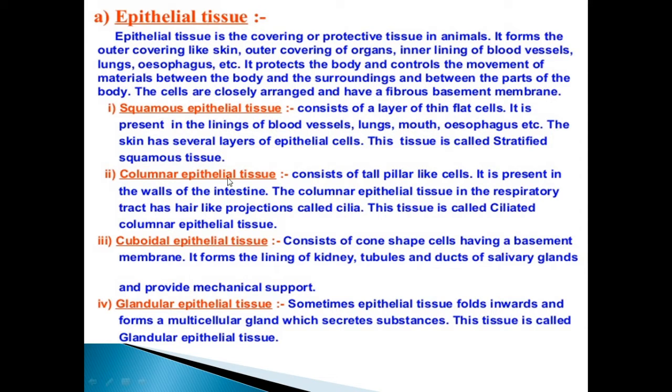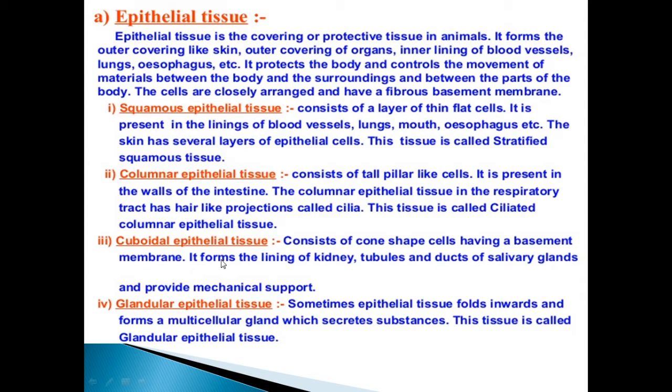Coming to the columnar epithelial tissue, it consists of tall pillar-like cells. It is present in the walls of the intestine. The columnar epithelial tissue in the respiratory tract has hair-like projections called cilia. This tissue is called ciliated columnar epithelial tissue.